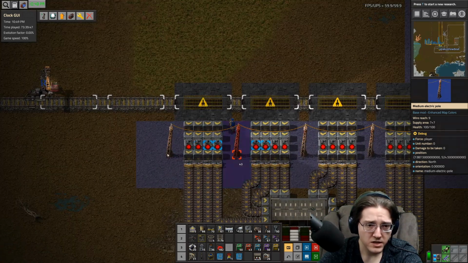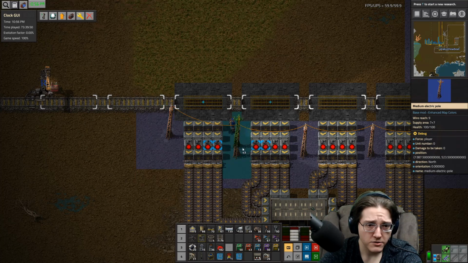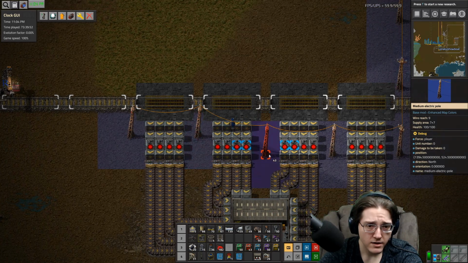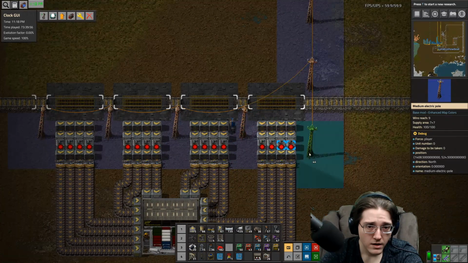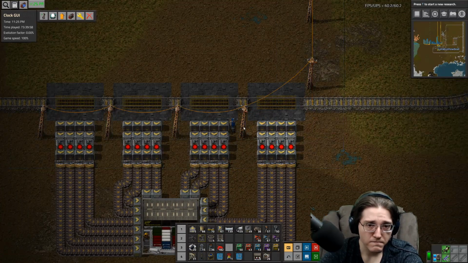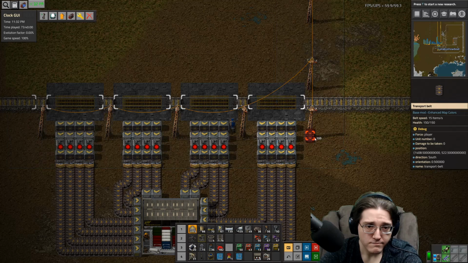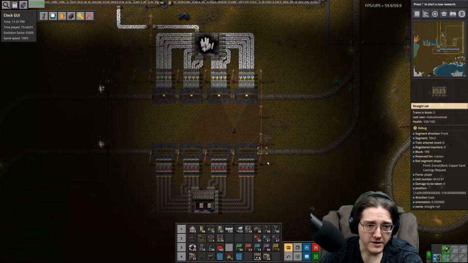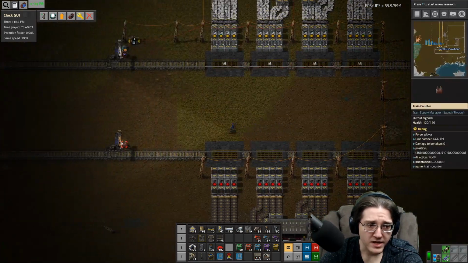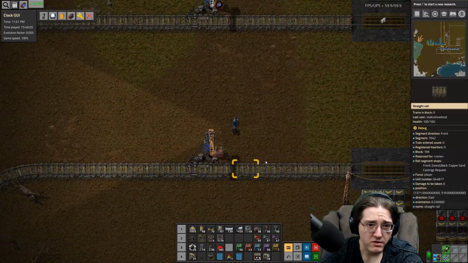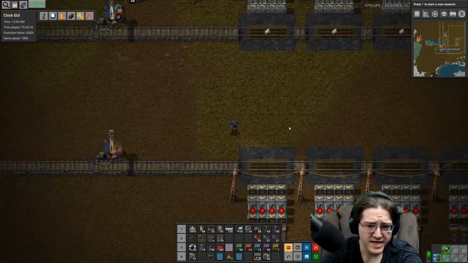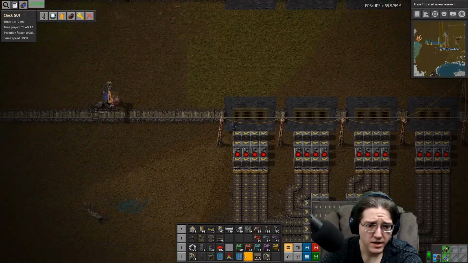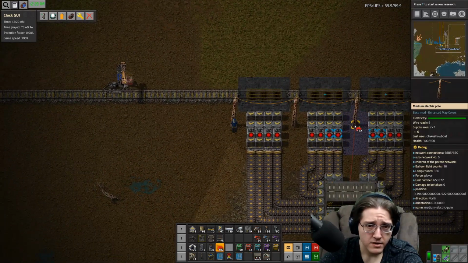At this point, these should be a tile or two higher. Oh. There we go. There's the power for that. This will eventually pull in sand castings. I could wire this up.